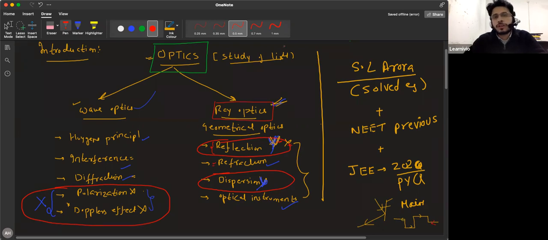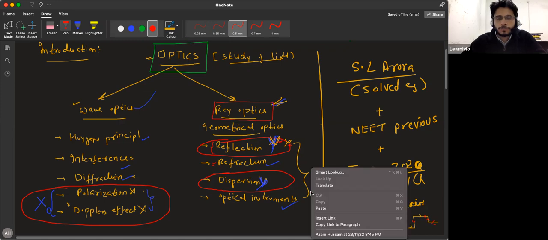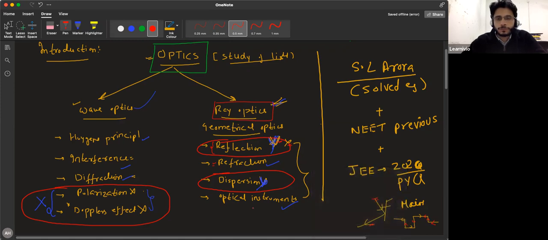You can reverse the direction using a mirror, or using TIR or any other method. If you can reverse the direction, then the entire ray will retrace its path. In reflection, it can happen or it cannot happen. This example is reflection, but it's not reversibility. Okay, Arpit? Yes, sir. Got it.